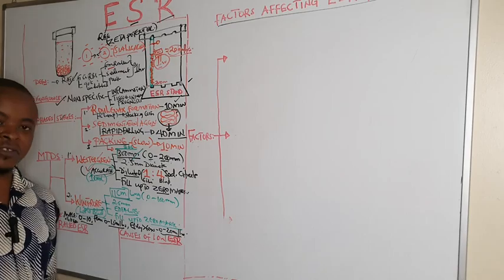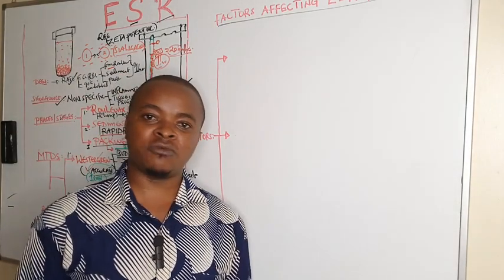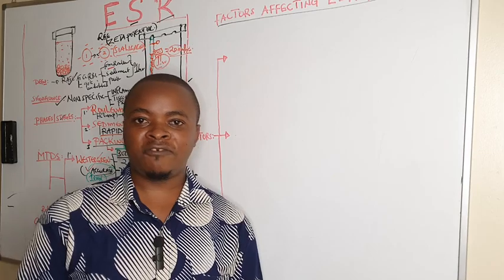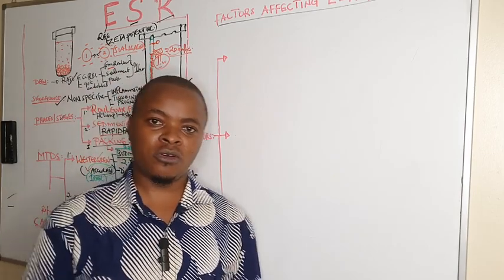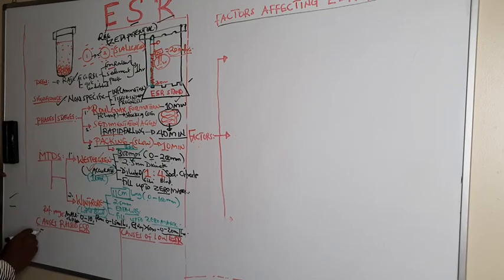After looking at the reference range, we are going to see what it means if I get results which are higher than normal, and what it means if I get results which were supposed to be high, but they are low. So causes of raised ESR results include conditions like multiple myeloma.